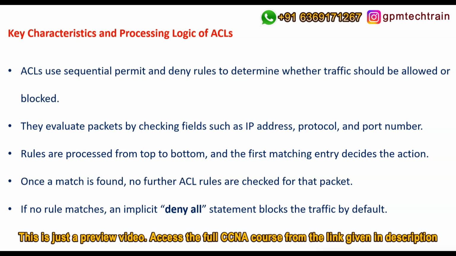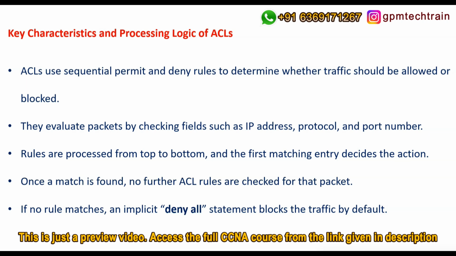For example, if the packet is matching rule 4 and the action is set to permit, then that packet will be allowed to pass, and it will never check further. Once any condition matches, it will not check rules 5, 6, 7 and so on. If rule 4 matches and the action is permit, it will permit the traffic.